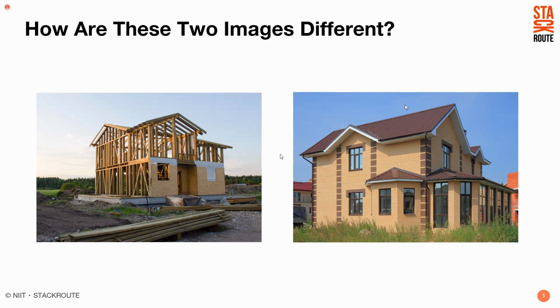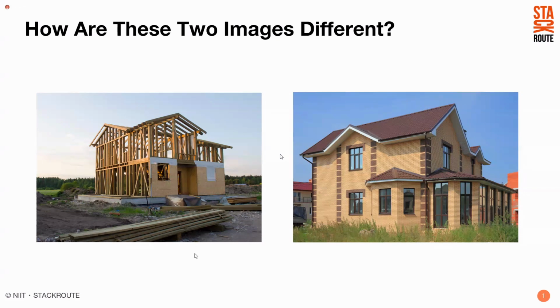Fine. So if you relate these two pictures with our topic, HTML, CSS, JavaScript, when we are constructing a web page, if you look at the left side image, you will find only the outer structure, the skeleton of that house. Am I making sense?